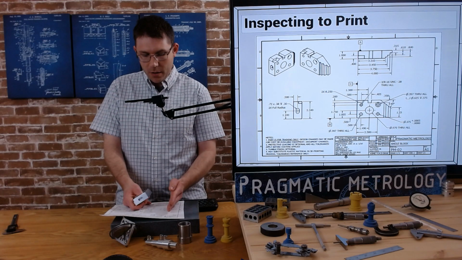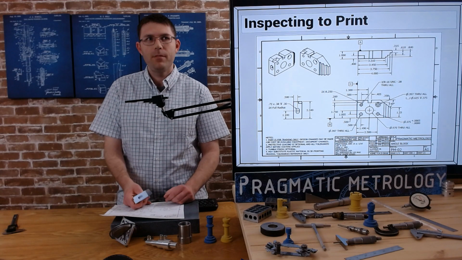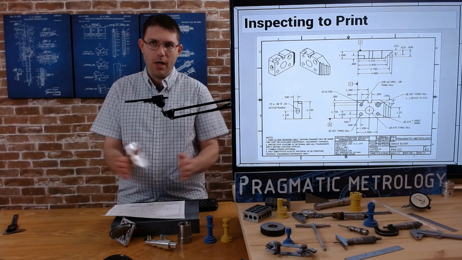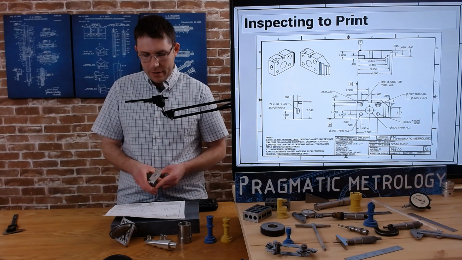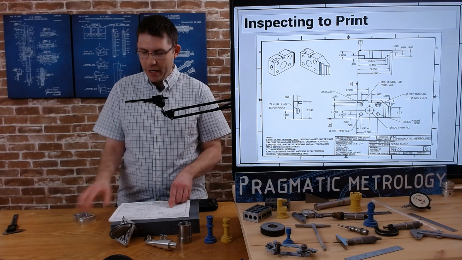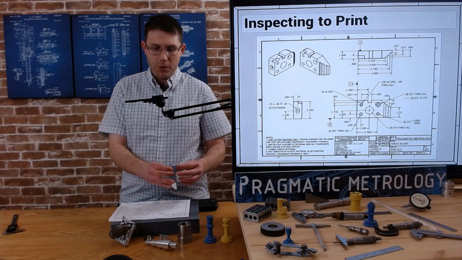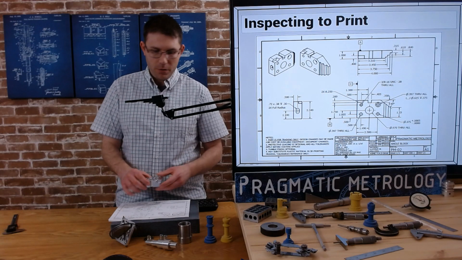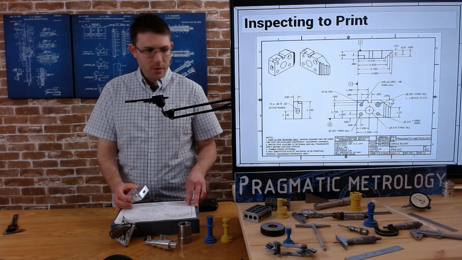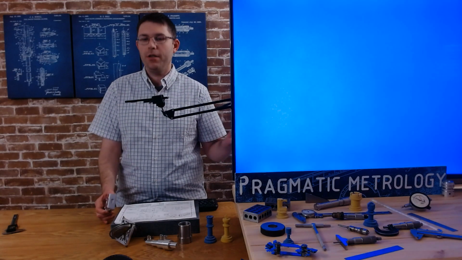So there's a lot of range where the sidewalls of that slot could be, and even though it's a simple setup, I would rather check it from the back face like the print is calling. You can use your fishbowl technique to determine that. I haven't demonstrated the fishbowl technique on video.